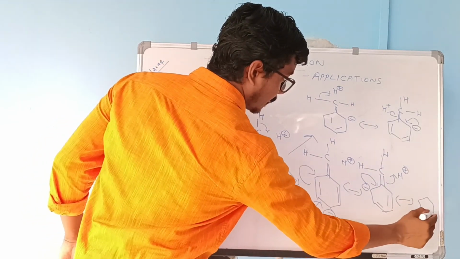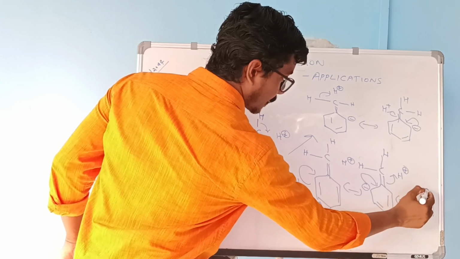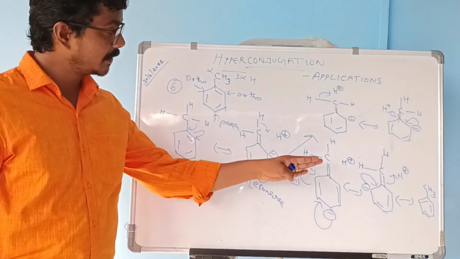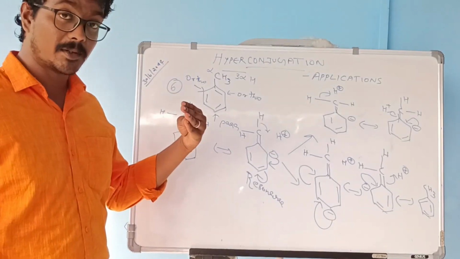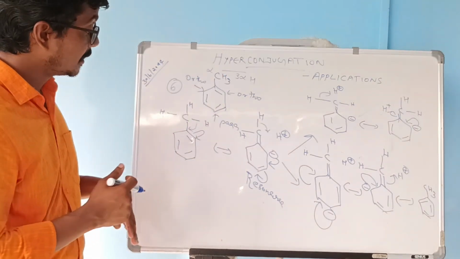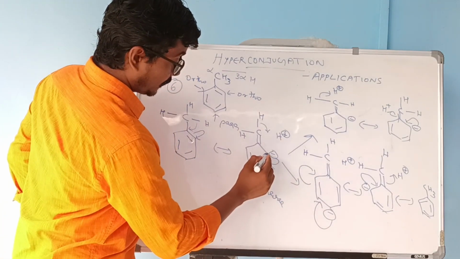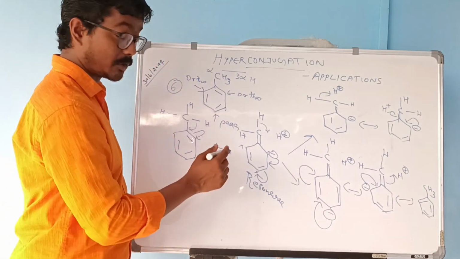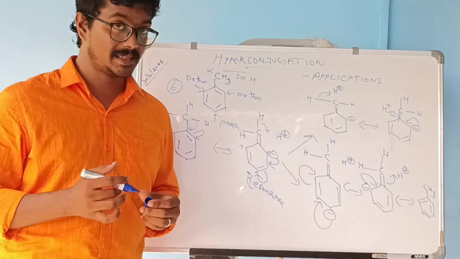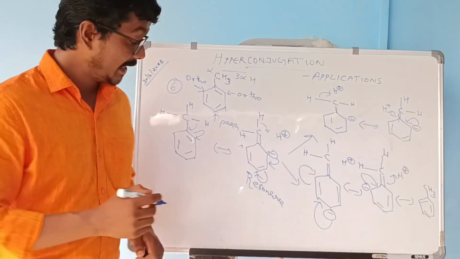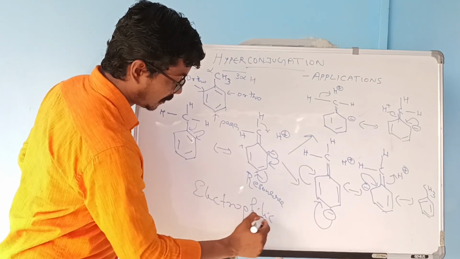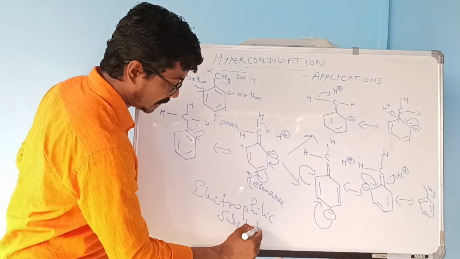Finally, you can see that in the hyperconjugation phenomenon, due to the hyperconjugation property of toluene, the alkyl substituted arene has its ortho position, para position, and again the other ortho position possessing a negative charge, an electron-rich cloud, which will facilitate electrophilic substitution reactions.